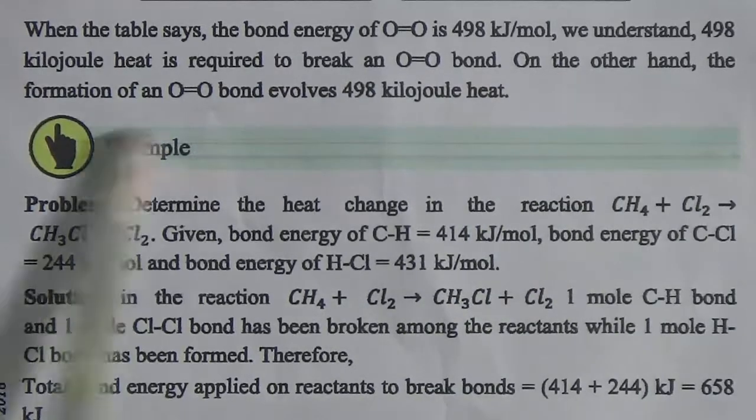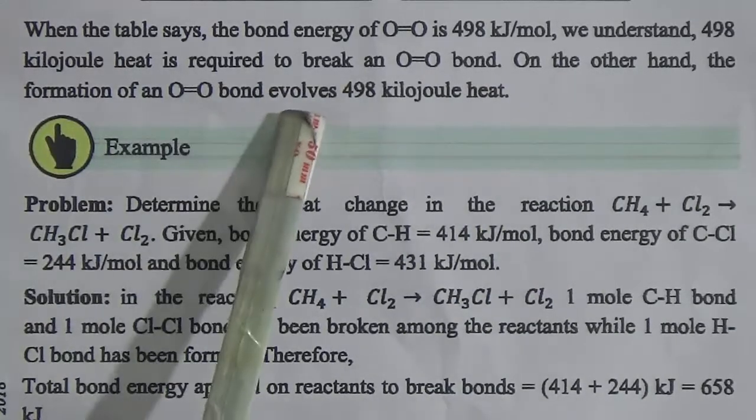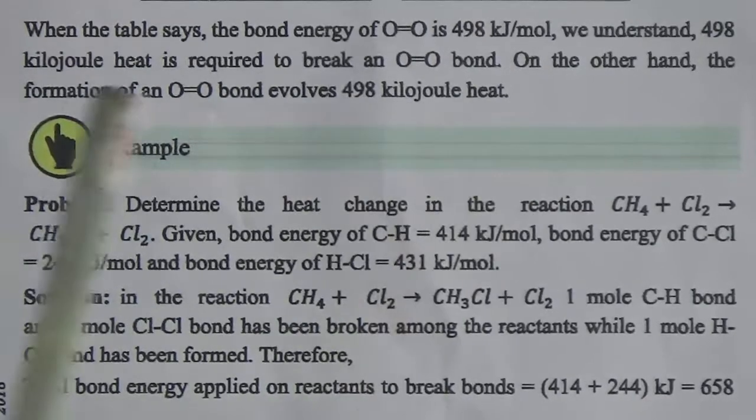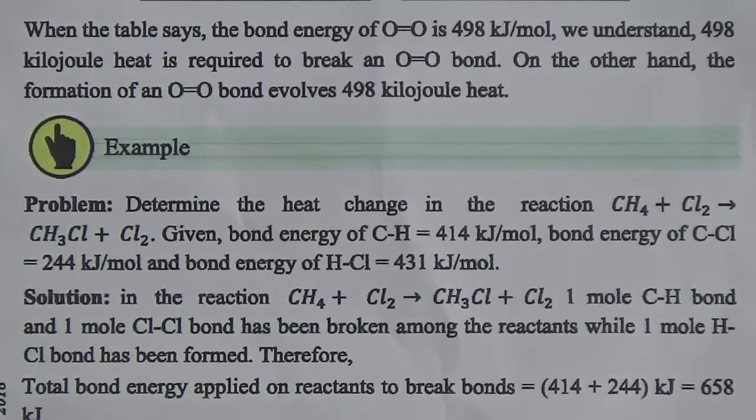On the other hand, the formation of an oxygen bond evolves 498 kilojoule of heat. Here they give an example.